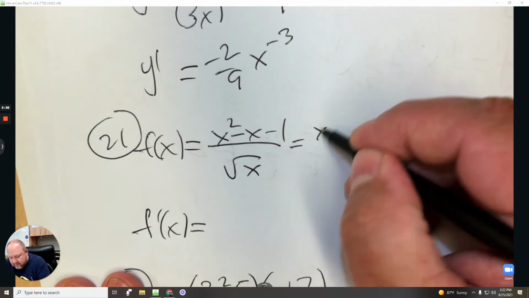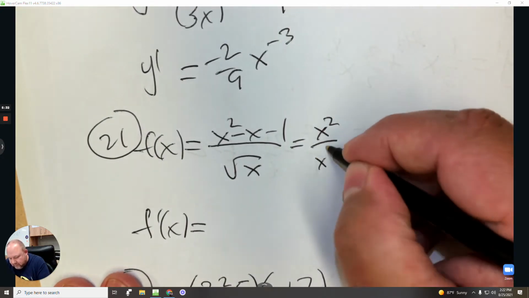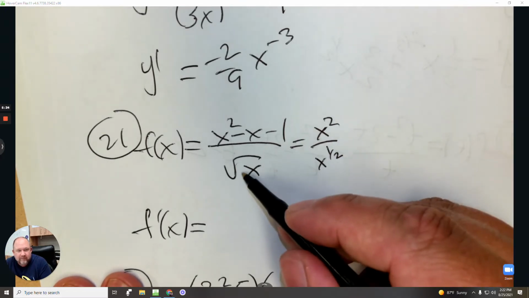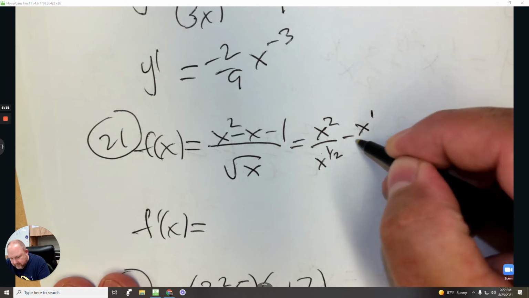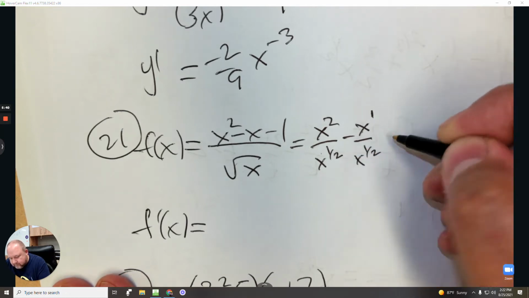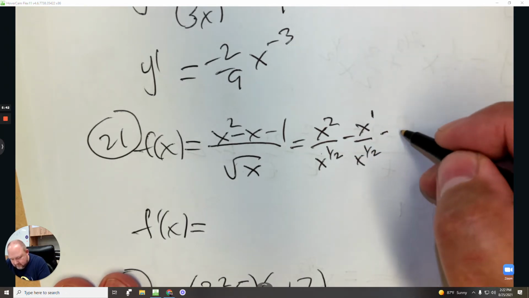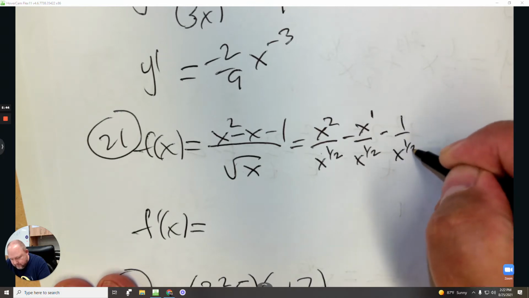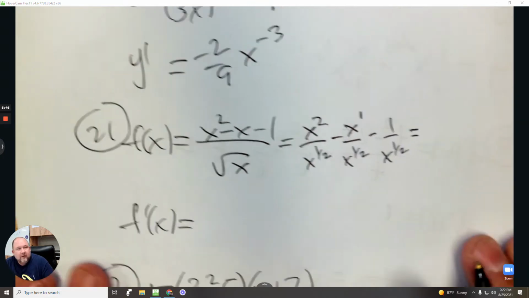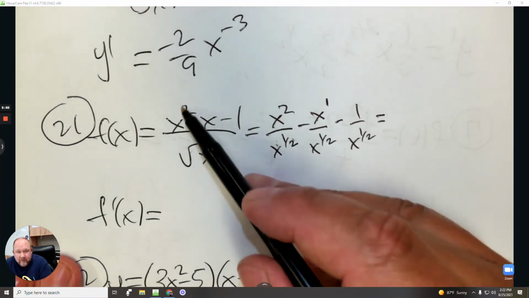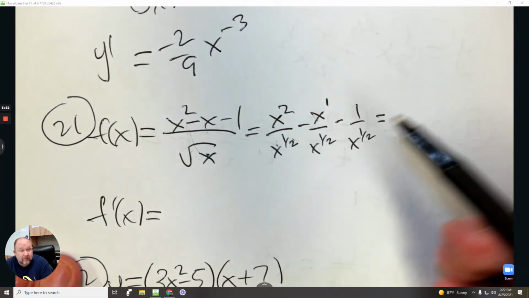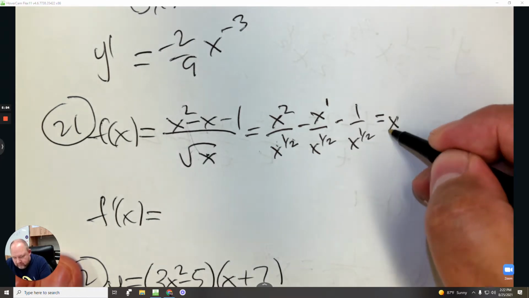So I'm going to write this as 3 fractions first. The square root of x is x to the exponent 1/2. I wrote it as 3 fractions, so I can simplify each one by doing exponent rules.